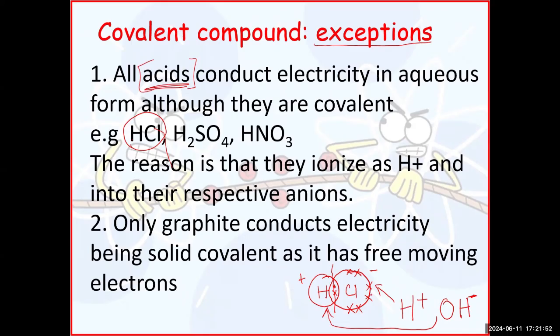But I have given some examples like hydrogen chloride gas when it is dissolved in aqueous form, meaning when it is added to water, what does water do? Water tries to ionize it, and due to that ionization, what's there? Free moving ions. And free moving ions are the reason it conducts electricity.